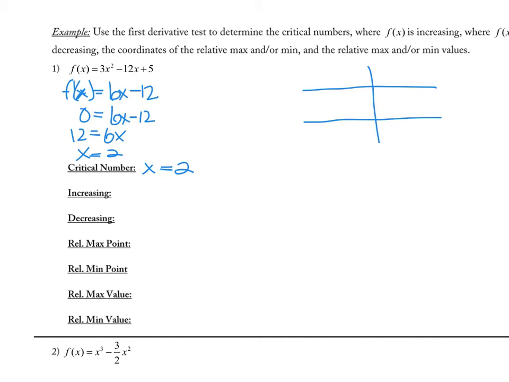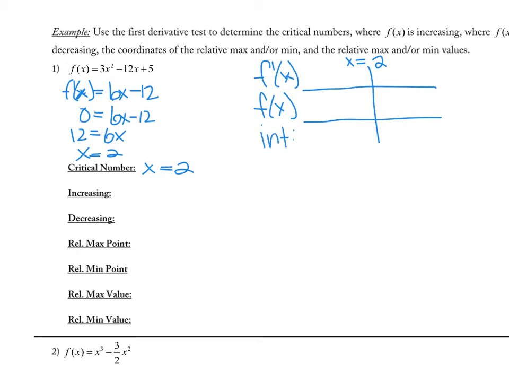We have 1 critical number, so there's 1 vertical line. At the top of that vertical line, I'm going to write that x equals 2. Then this top row is going to be f prime of x, the middle is going to be f of x, and the bottom is going to be the interval.